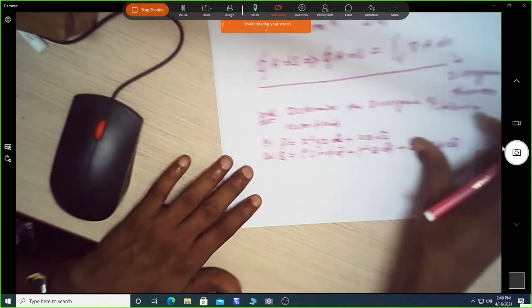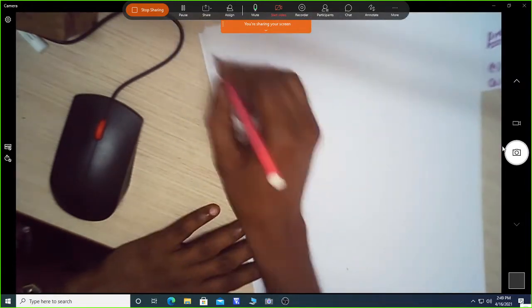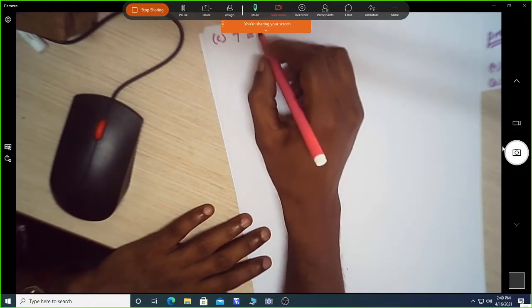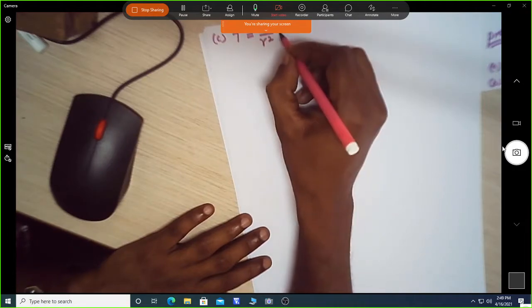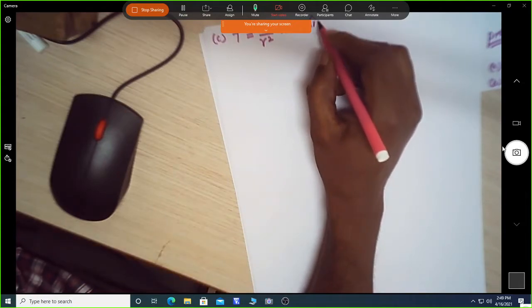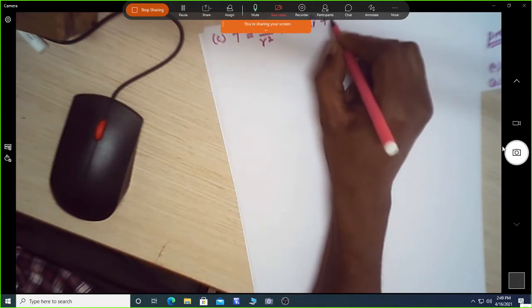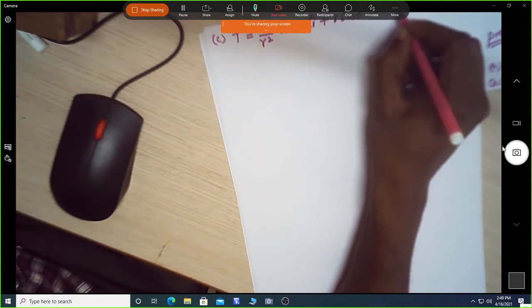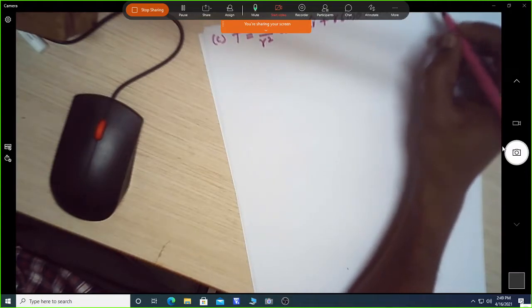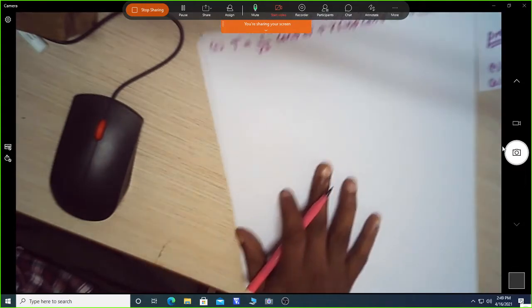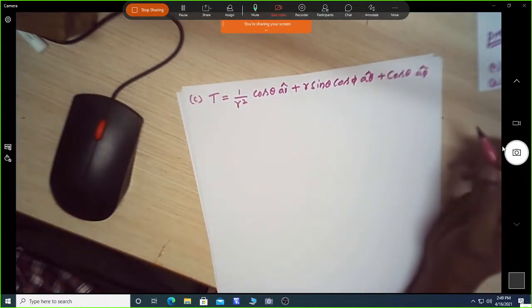This is the second problem, and the third one is some T vector, which is equal to 1 over r square cos theta in ar cap, plus r sin theta cos phi in a theta direction, plus cos theta in a phi direction. Okay, so this is the T vector. Now we need to evaluate all these.